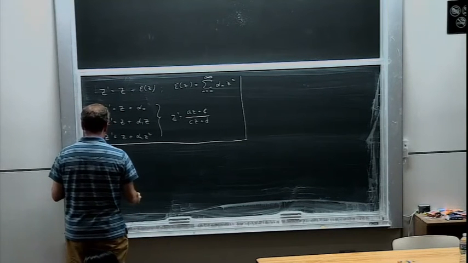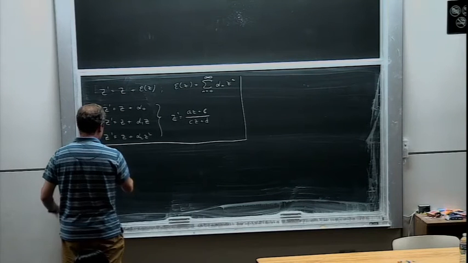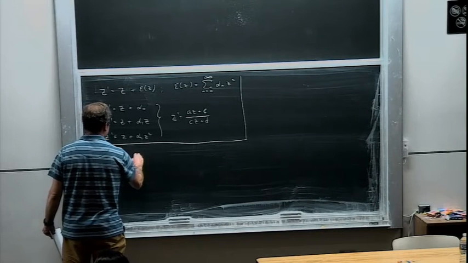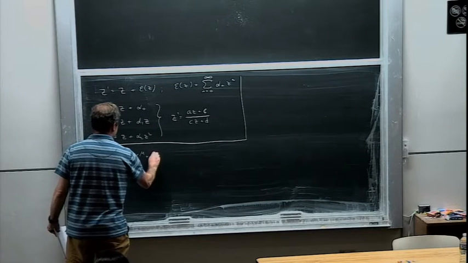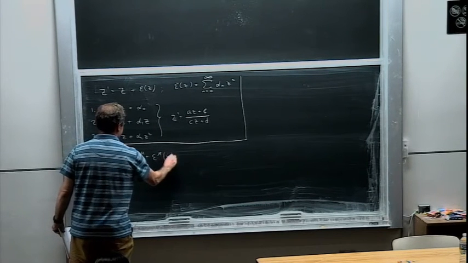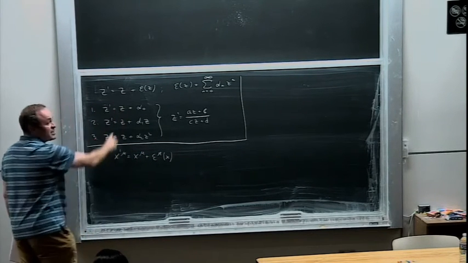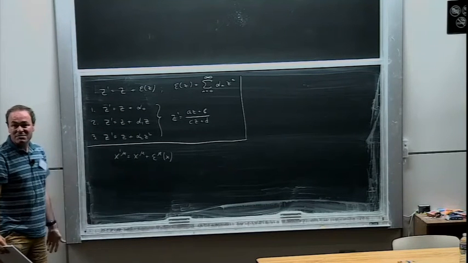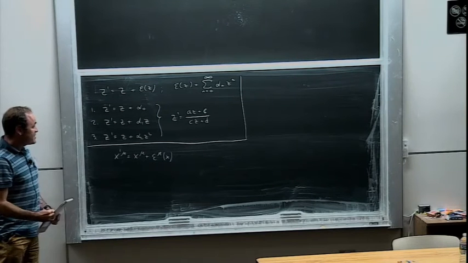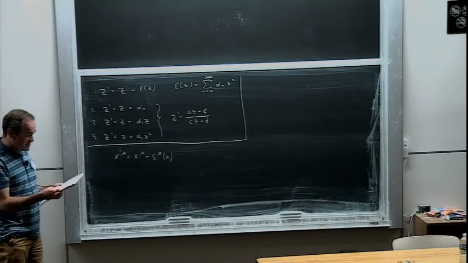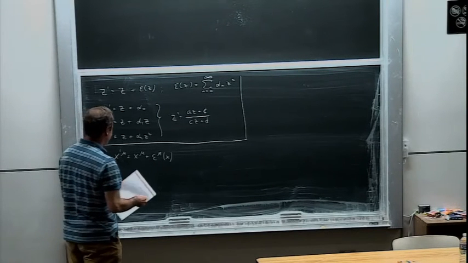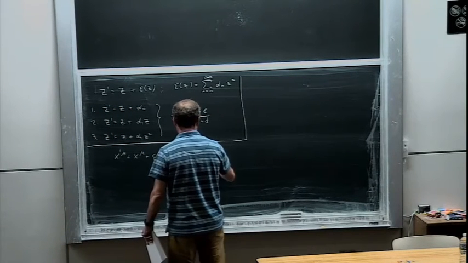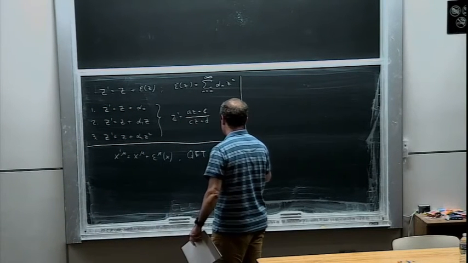Imagine that I have a theory which is invariant under the infinitesimal transformation x mu prime equals x mu plus epsilon mu of x, which is like what I wrote here, except this was specifically in complex coordinates. This is more general, and could even be in d-dimensional space. So imagine that there is a quantum field theory invariant under these.